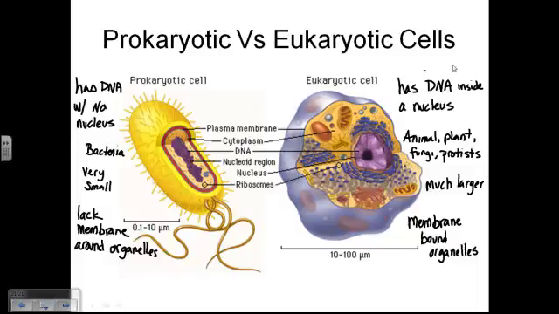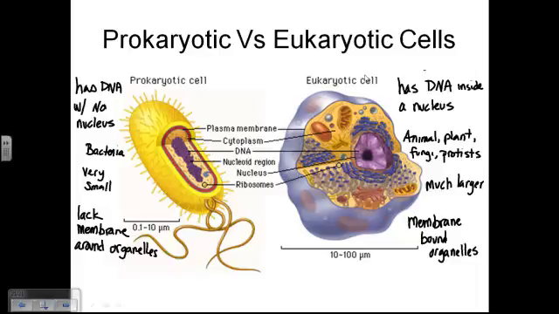On the other hand, eukaryotic cells, which is what you are made of, eu means new, so in terms of evolution, they're the newer cells that have a nuclear membrane, a nucleus that all the DNA is trapped inside of, and all these other organelles that we're going to learn about have membranes around them. So they have membrane-bound organelles, including a nucleus.